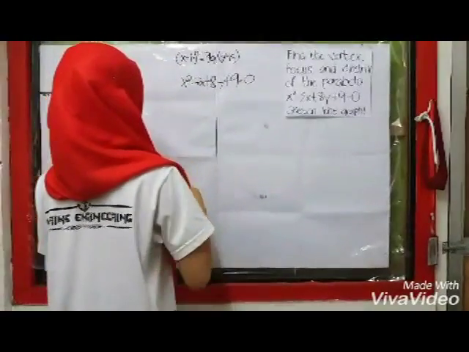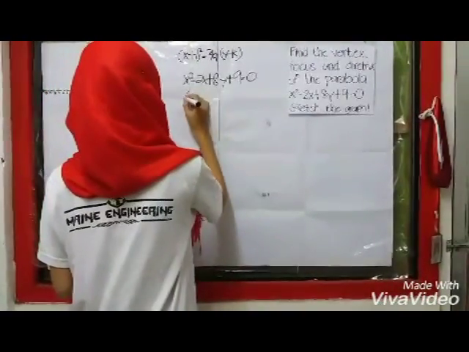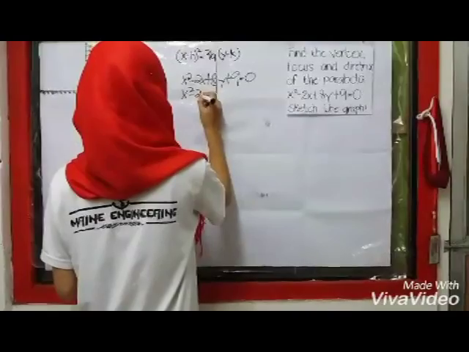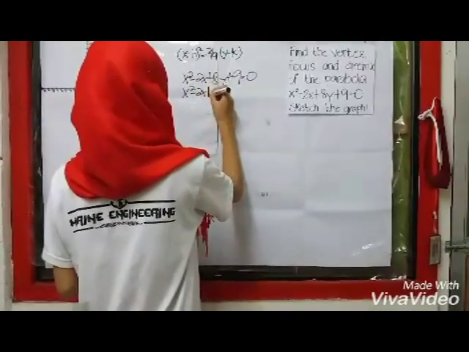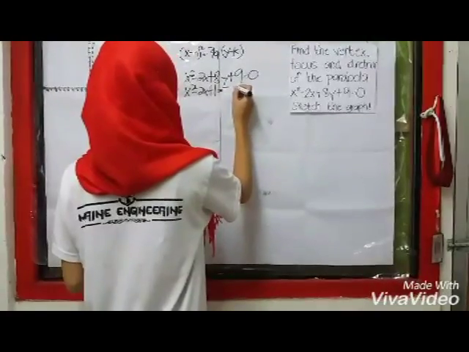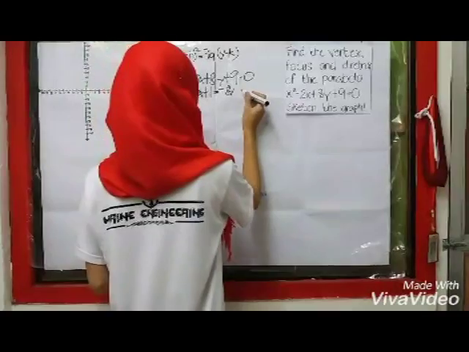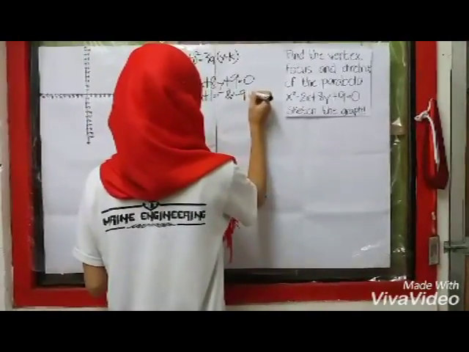The first step here is to complete the square. So x squared minus 2x, we take half of this, so plus 1, is equal to negative, because we just transposed it, 8y and -9.